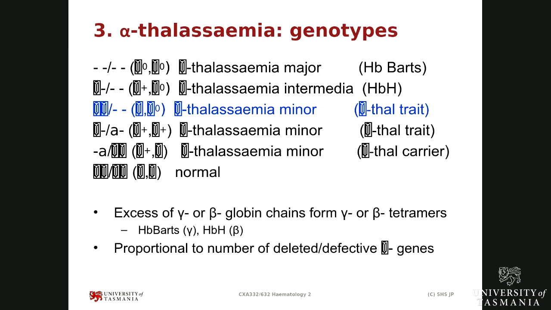Hemoglobin Barts is where we have 4 gamma chains that have combined together.